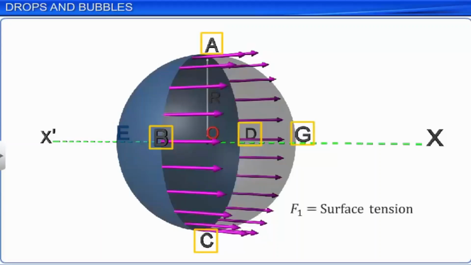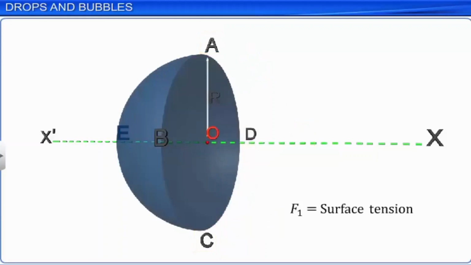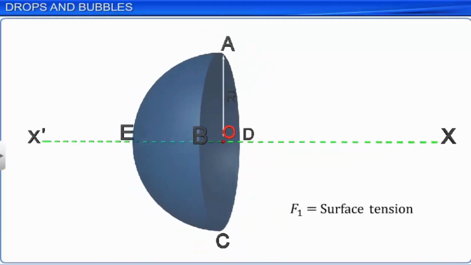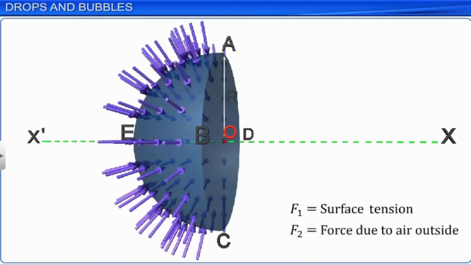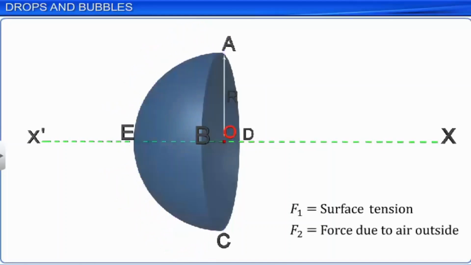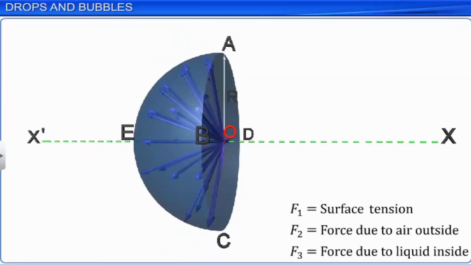The force due to the air outside the surface, let this be F2. The force due to the liquid inside the surface, let this be F3. The force due to surface tension acts on all the points of the circle ABCDA.